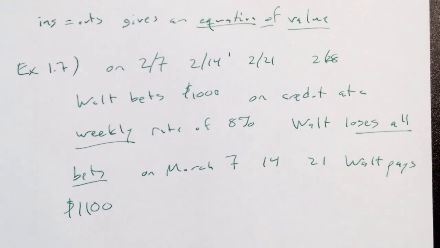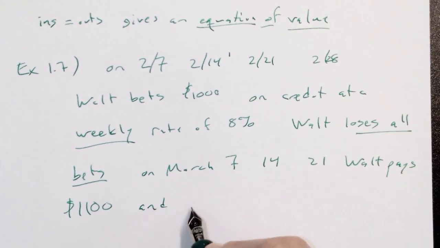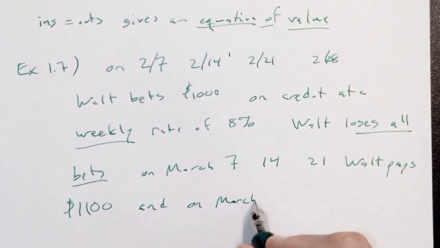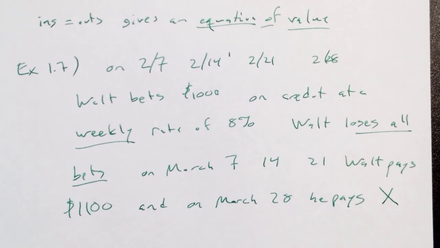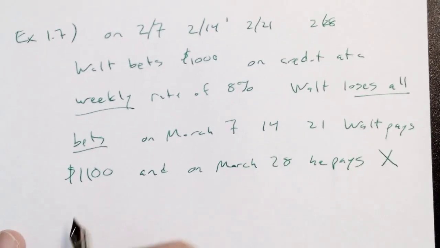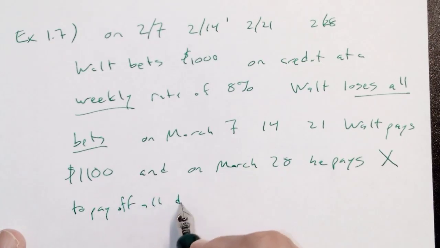So at the end of March, on March 28th, he's going to pay some amount of money to be square. I want to know how much he's going to have to pay.